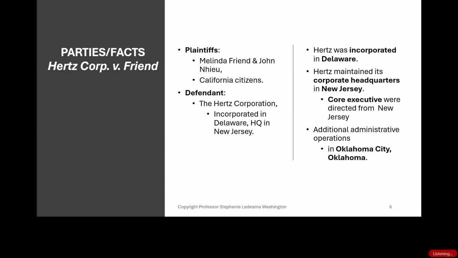So if the federal courts in the Ninth Circuit are defining principal place of business as the state where the lion's share of business activities are taking place, well, it makes complete sense that the federal district court, that's the trial court, and the federal appellate court, that's the Ninth Circuit, found that California was the principal place of business for Hertz because the plaintiffs were citizens of California.